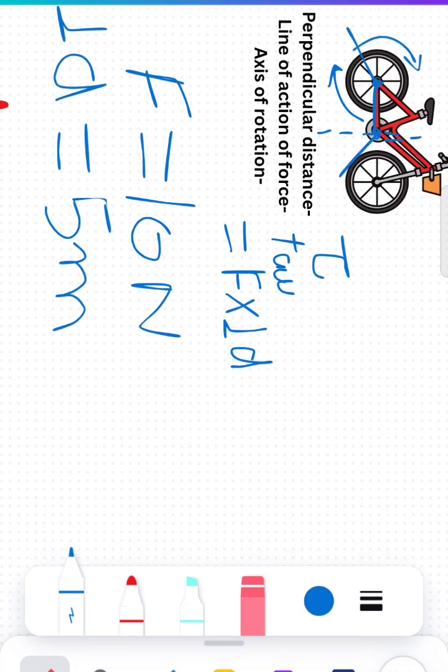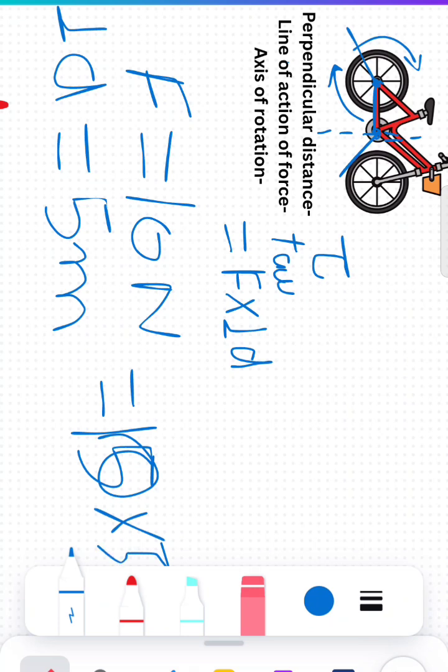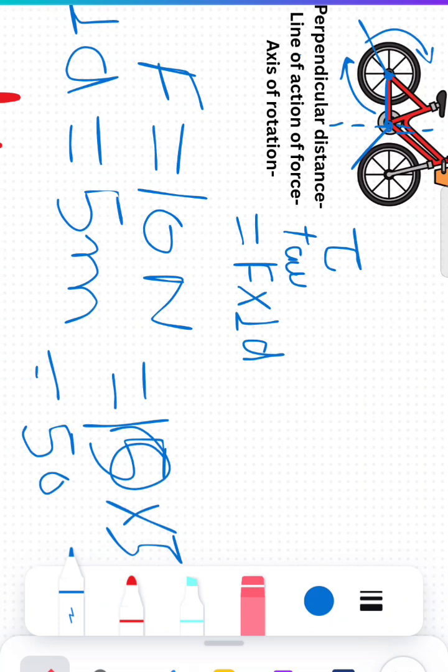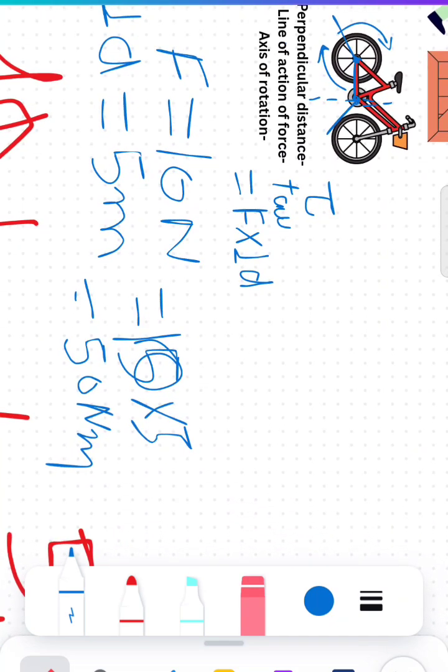So the torque will be 10 into 5, that will be 50 Newton meter.